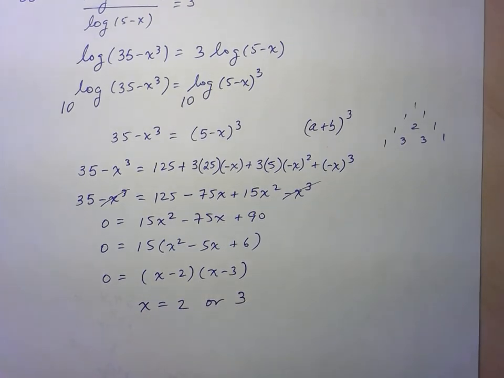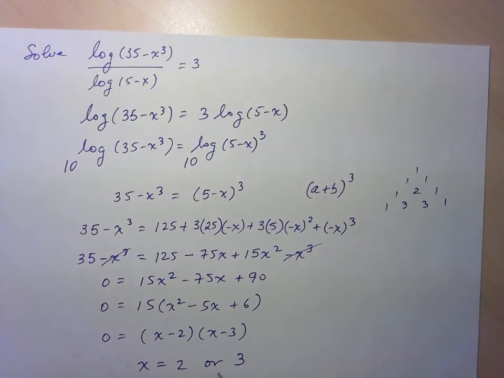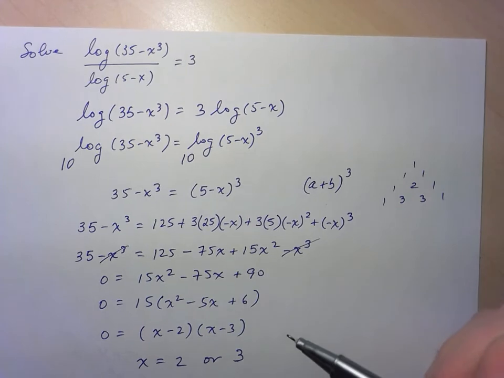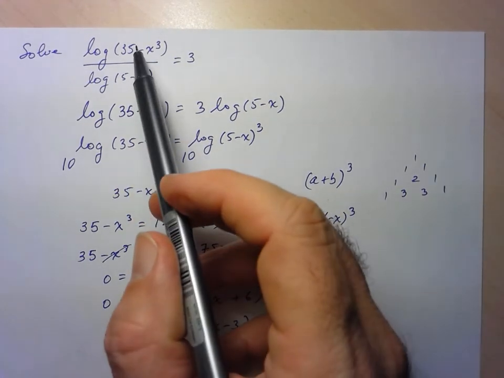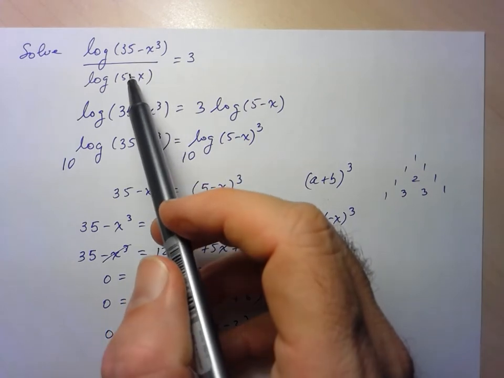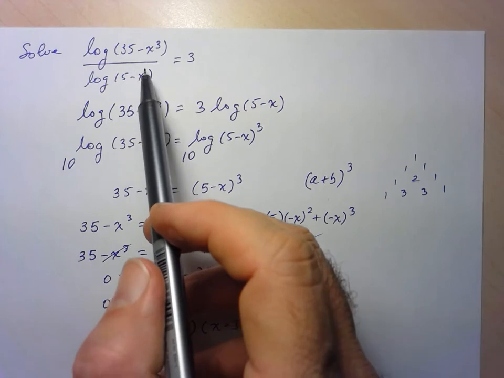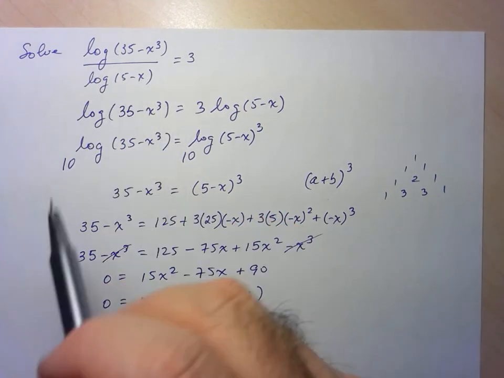Normally I'd be happy to stop there and say those are my answers, but we have to remember that our original equation was a logarithmic one, and we know that we've got some restrictions on these logarithmic functions. Anything that makes the inputs less than or equal to 0 is a problem, and anything that makes the denominator equal to 0 would also be a problem.